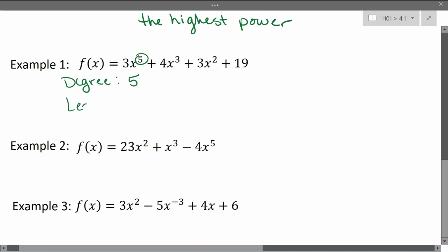Next, let's look at our leading coefficient. Our highest power was 5, so the coefficient that goes with that x to the fifth is 3, so that's our leading coefficient.